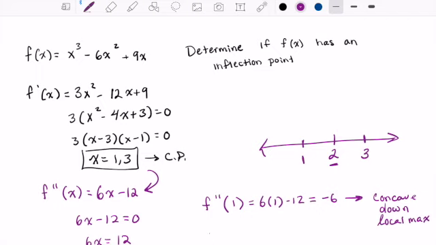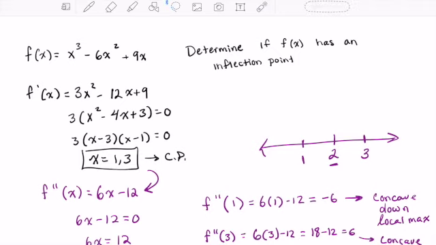So if I plug 3 into our second derivative, 6 times 3 minus 12, well, that gives us 18 minus 12, which gives me positive 6. And whenever our second derivative is greater than 0, that tells us that we are concave up, meaning we have a local minimum.